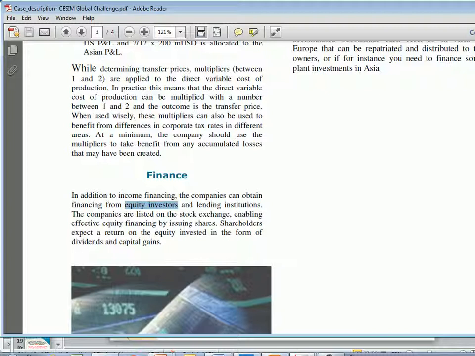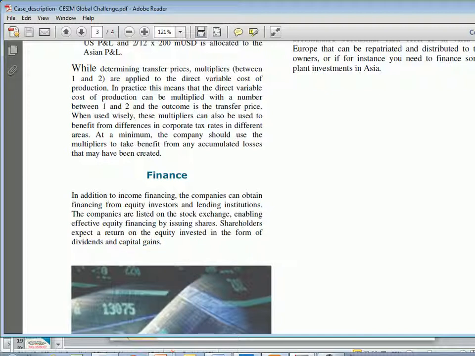Again, your companies are all listed on a stock exchange, so you can issue additional shares in order to get more equity financing. And remember, shareholders want an ROE in terms of dividends and capital gains.